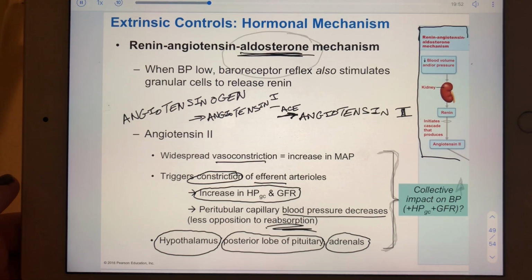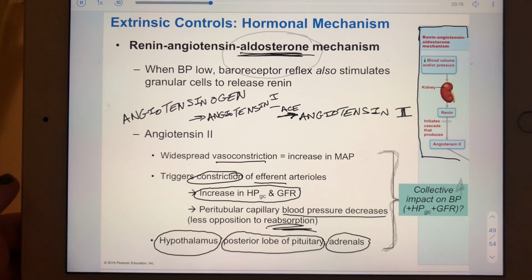Aldosterone, recall, targets the kidneys. The kidneys, in turn, will keep, reclaim, reabsorb more sodium. Wherever sodium goes, who follows? Water. So we end up keeping more sodium, more water, and in exchange, we eliminate more potassium.